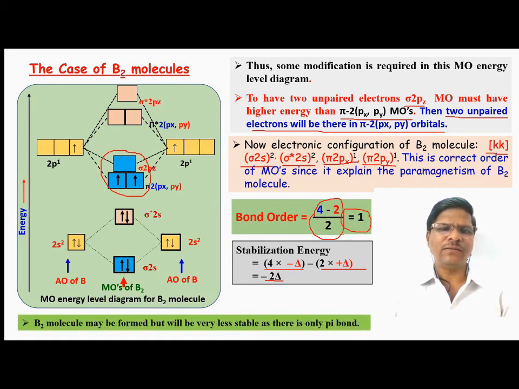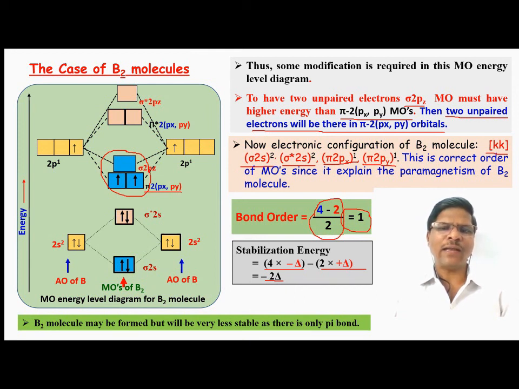But if you see the molecular orbital energy level diagram, it shows that there is one electron in pi 2px and one electron in pi 2py. Thus, indirectly you can say that two half pi bonds are formed.